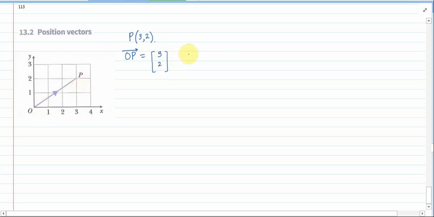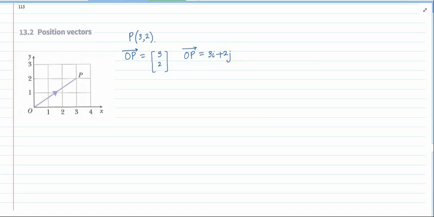In terms of i and j, I can write OP is equal to 3i plus 2j. We know very well that i represents the position on the x-axis and j represents the position on the y-axis. So that's how you can describe any vector with respect to the position of this vector.